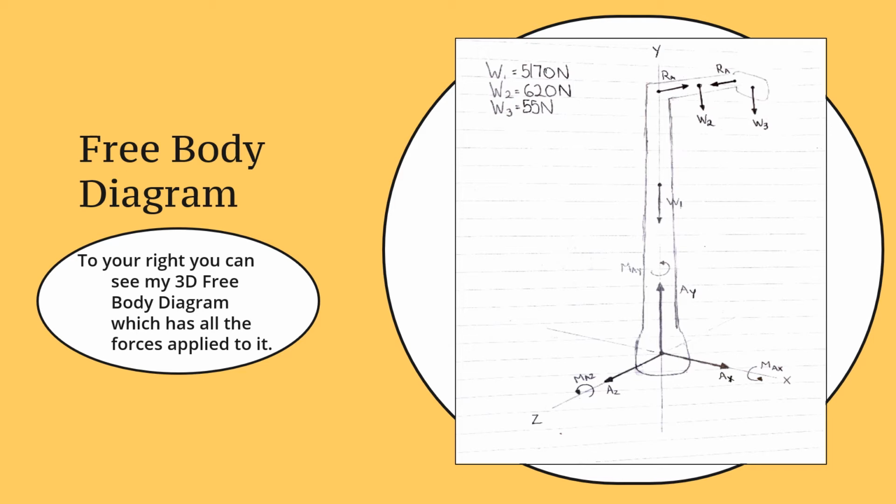Since the lamppost is composed of 3 main components, which are the main post going upwards, the cylinder which is attached to the top, and the head of the lamp, we gather 3 weights which are acting as downward forces that you can see on the diagram. And to the top left of the diagram, you can see the values for each of the weights.